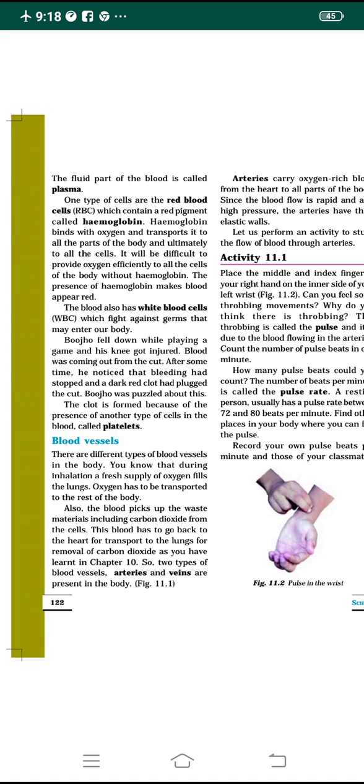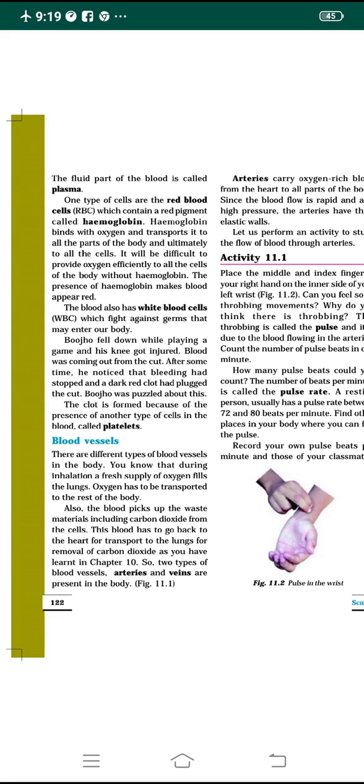For a few seconds or minutes the blood keeps flowing out, and later we see that the bleeding has stopped. Why? Because a red clot has formed there and plugged the cut. You may wonder how the blood stops itself from flowing. This is called the clotting process.